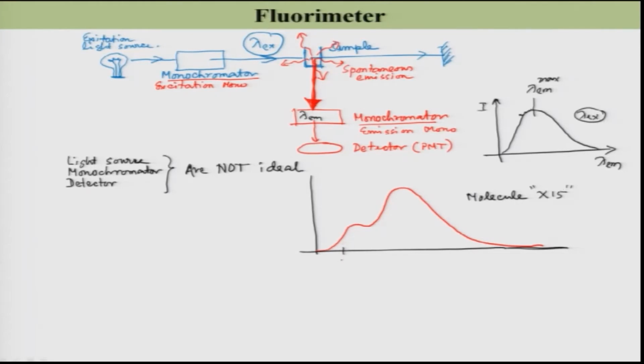This is 450 nanometer, this is 470, 490, 510, 530, 550, 570, 590, this is 430. So, this is the intensity versus lambda.